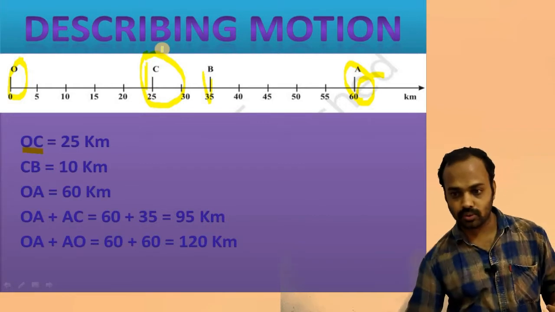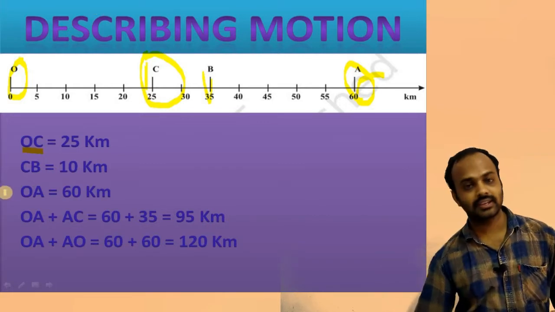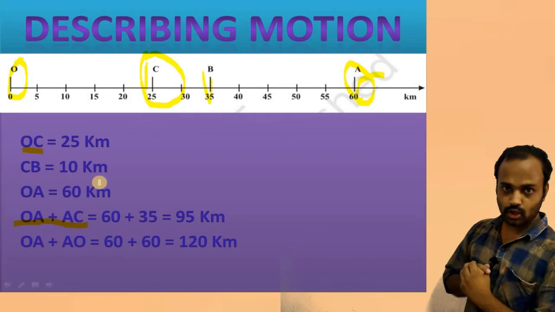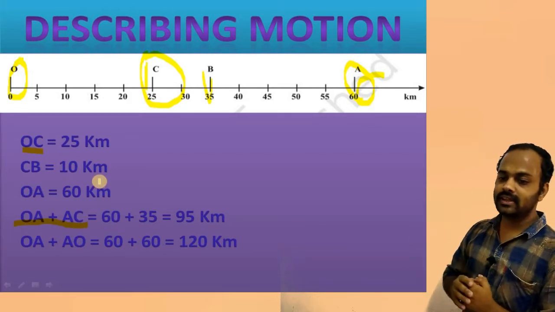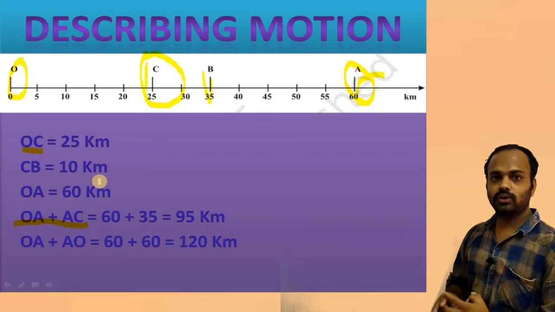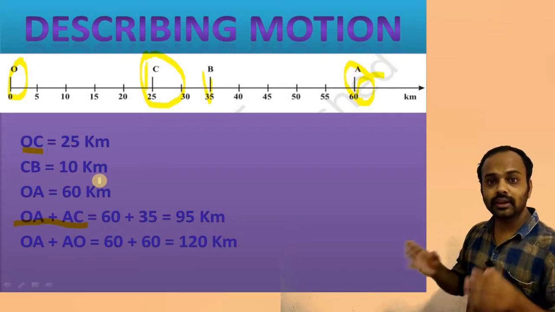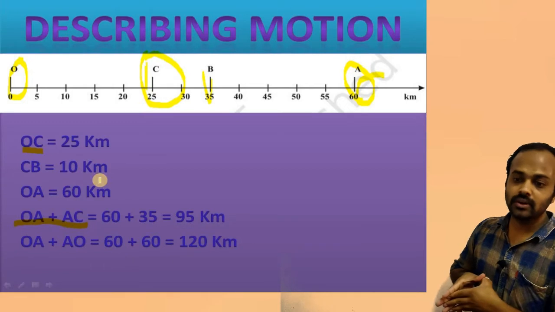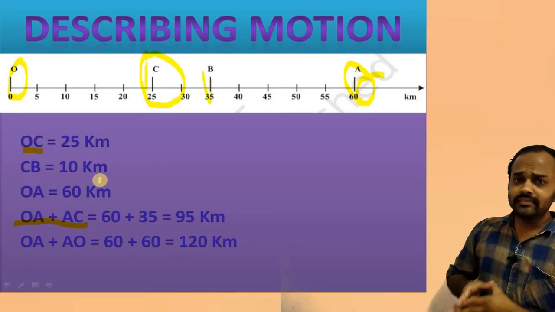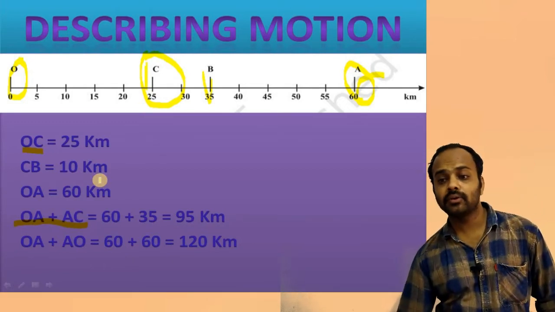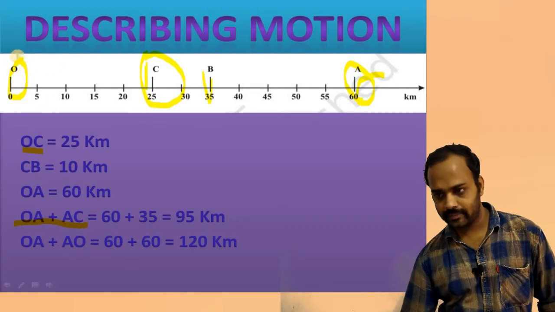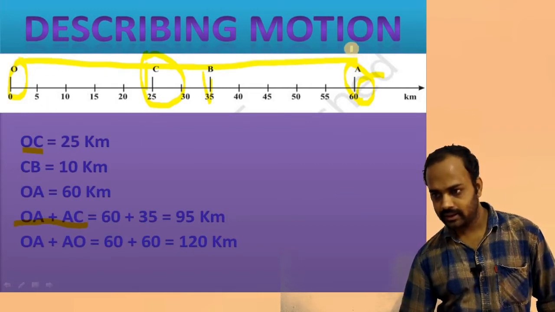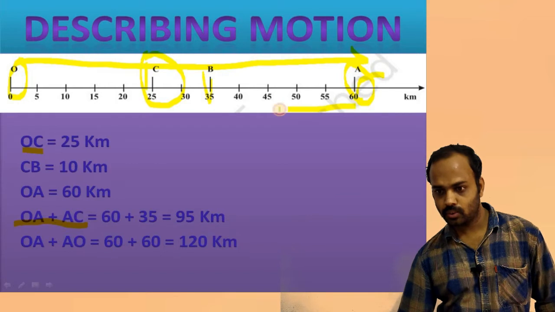O to A is 60 kilometer and A to C is 35 kilometer. 60 plus 35 total is 95 kilometer. You moved 95 kilometer.